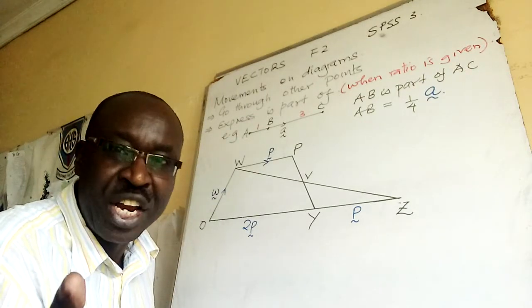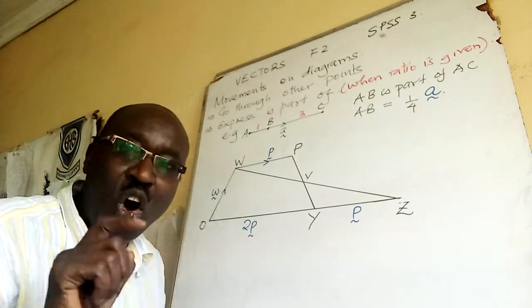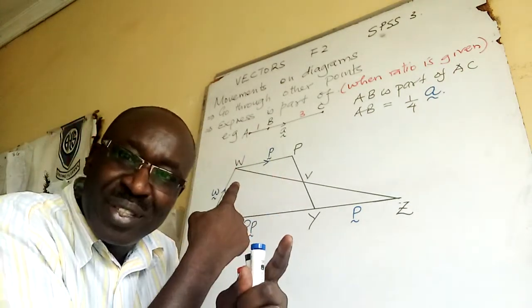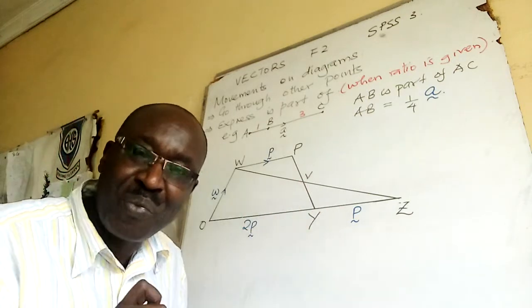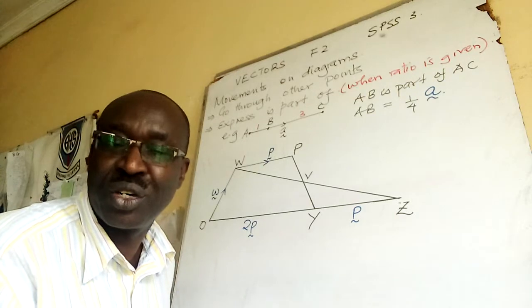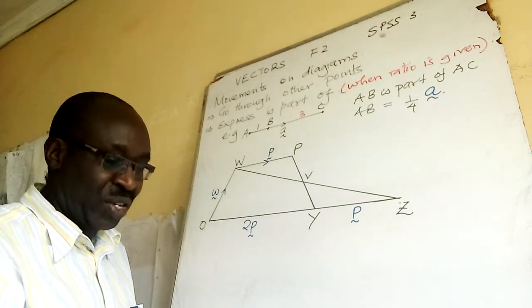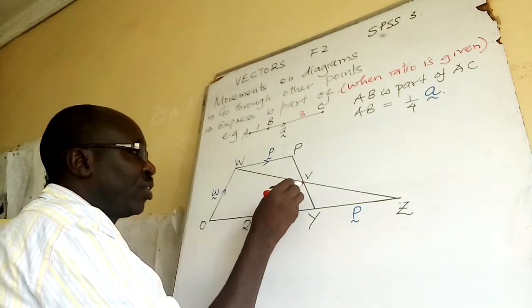Two ways. One, if I ask you to find a particular vector, which skill do you need? On that diagram, on that map, you will have to go through other points. These ones are points.